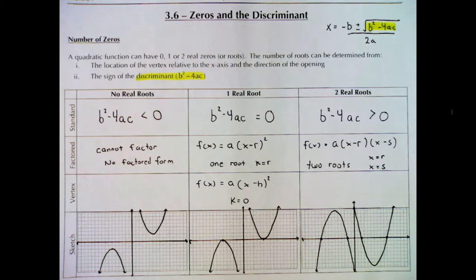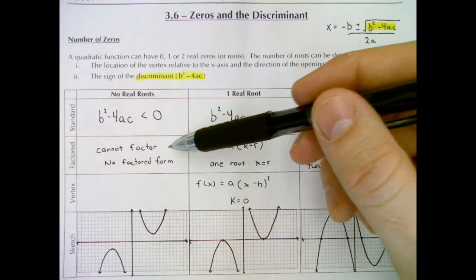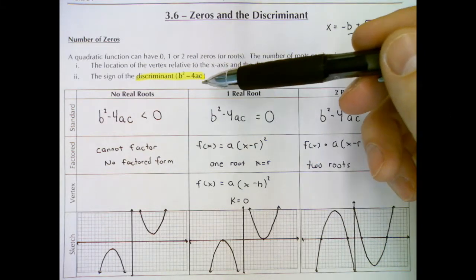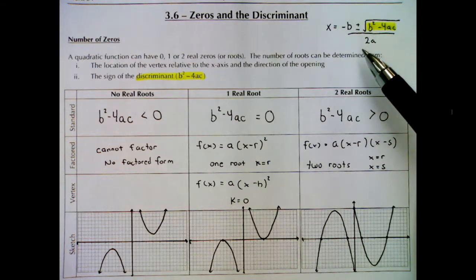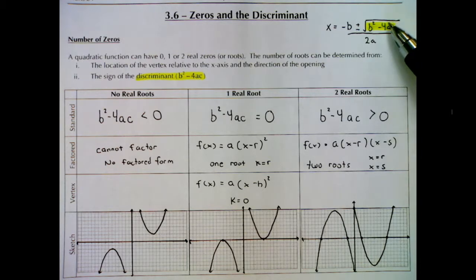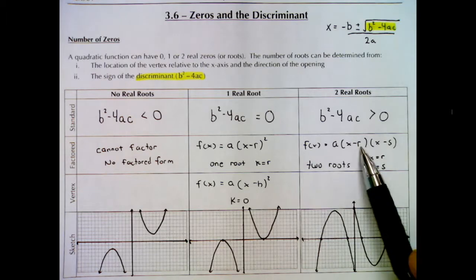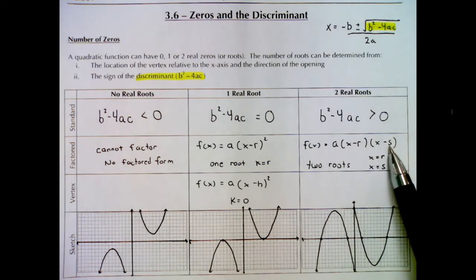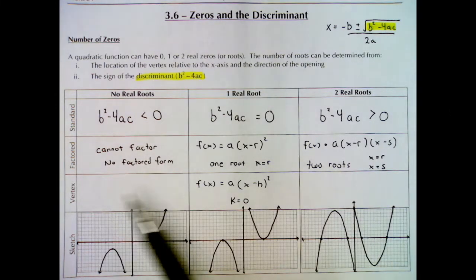But for the purposes of this course, if you can't factor it from standard form, it is because either you're getting not nice whole numbers and you have to use the quadratic formula, but also you might get a scenario where you get imaginary roots and there's no real roots, so you can't write it in factored form, because if you could write it in factored form, you'd expect to see those two x minus r and x minus s, and those would be your two roots. So since you can't write it that way, we could assume that there is no real roots.